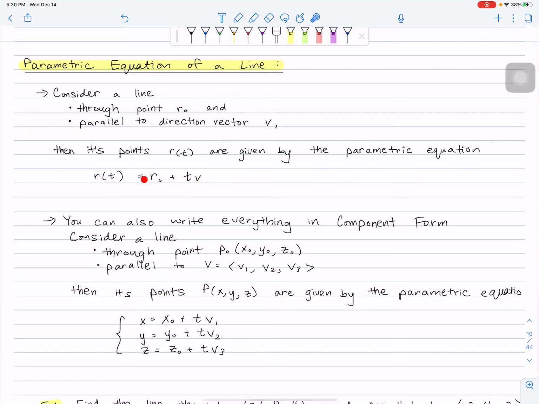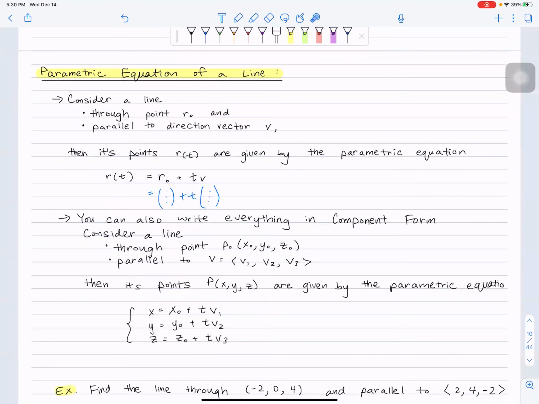You can also write it in component form, meaning you take x and set it equal to the original x value plus t times the x coordinate of your direction vector. And y would be the same, z is the same. This is because r naught is a 3×1 vector, plus t times the vector, which also has 3 components. So you can either write it all together or write it by row.